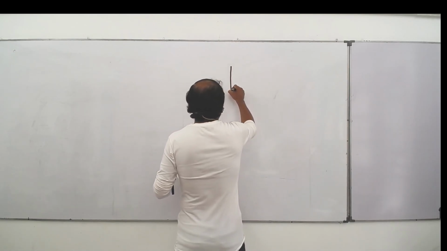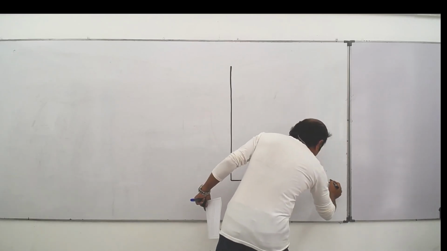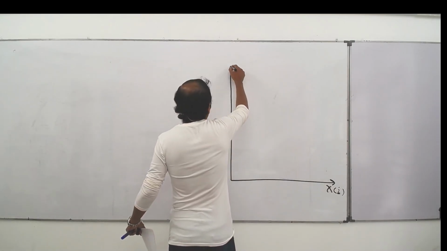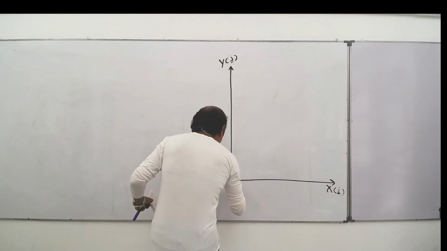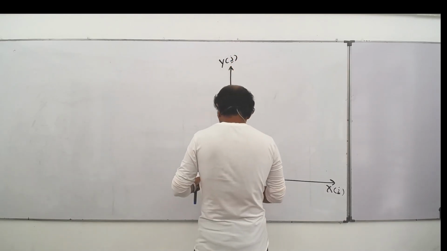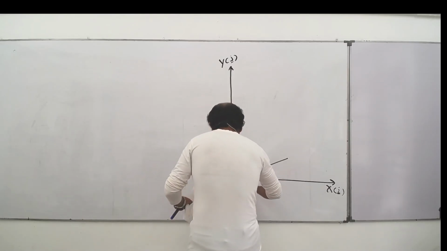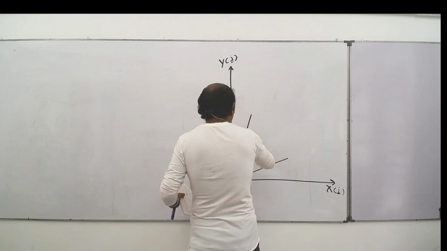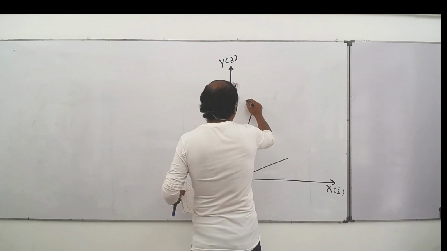This way we can draw the two axes, x and y. X axis unit is i. Y axis unit is j. Here O. Here A. Here B. Right.